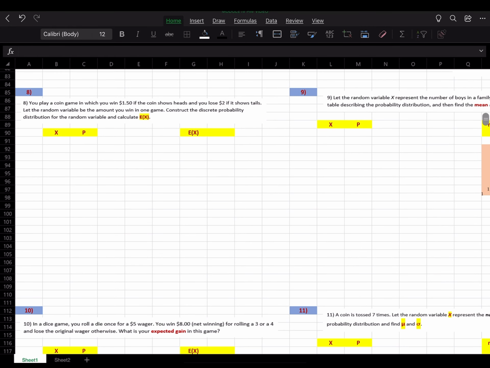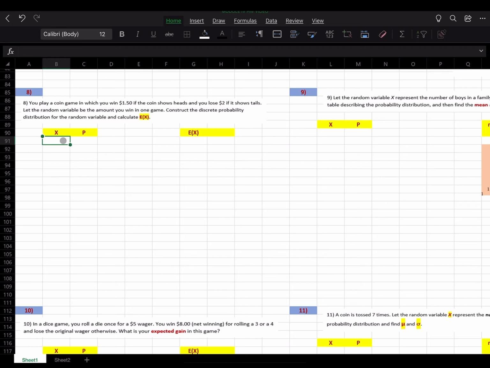Here's a game. The two things happening here, you're either winning or you're losing. So it's a 2-row, small probability distribution. It says you win $1.50 if it shows heads, and you lose $2 if it shows tails. These are net prices, net winnings. So let's see.